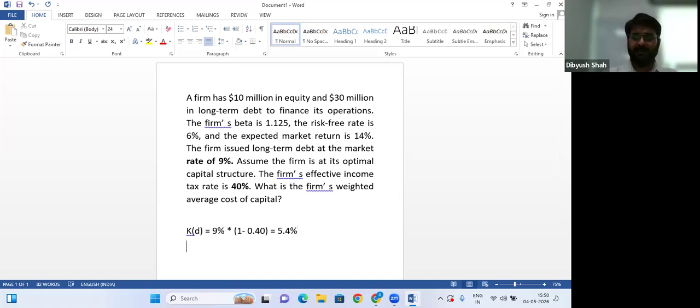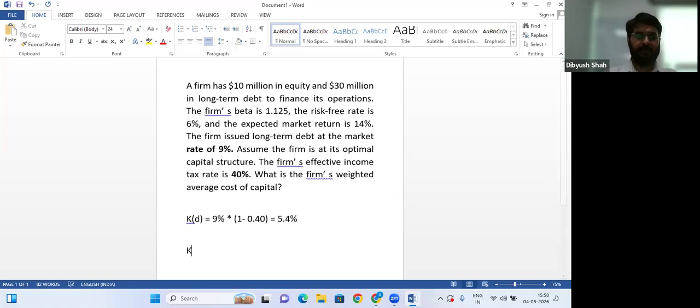Cost of equity, we can calculate using CAPM model, which says RF plus beta multiplied by RM minus RF.